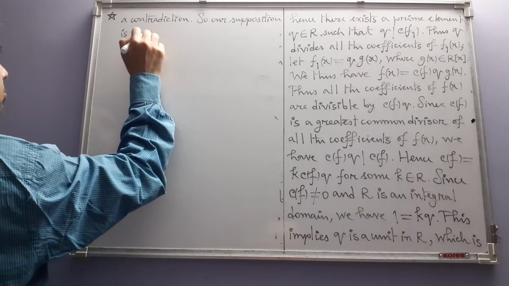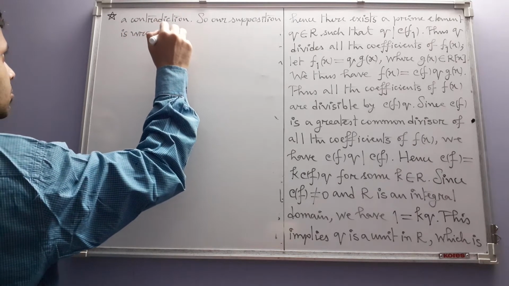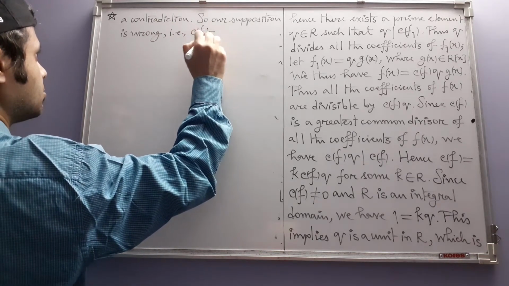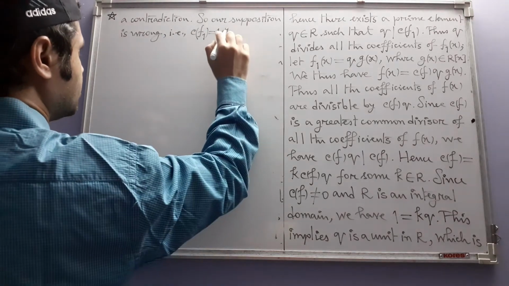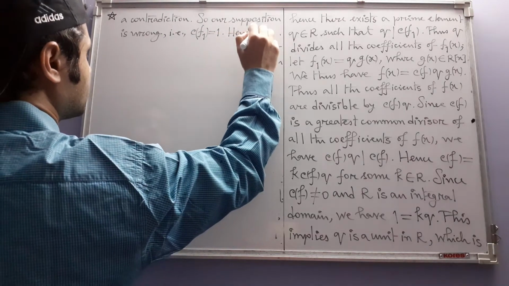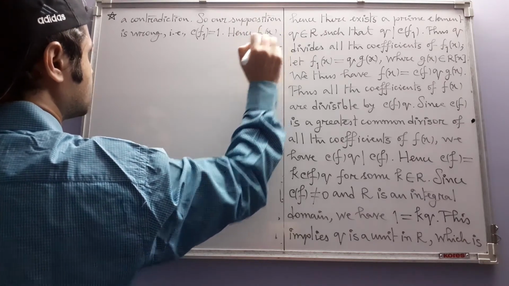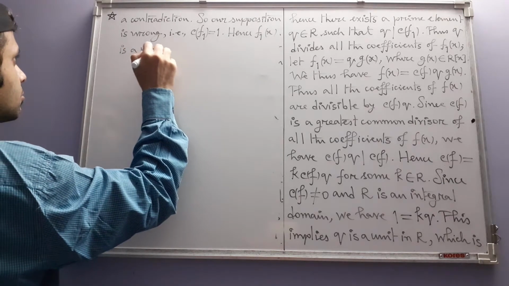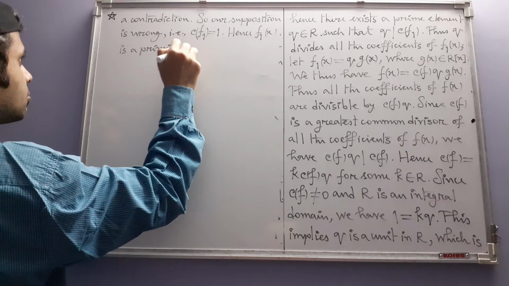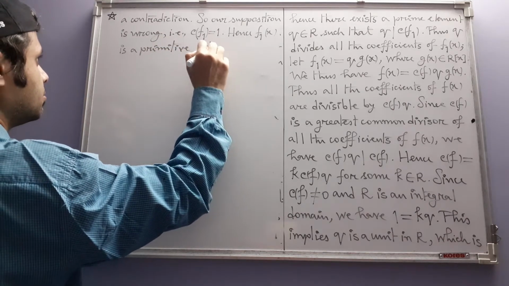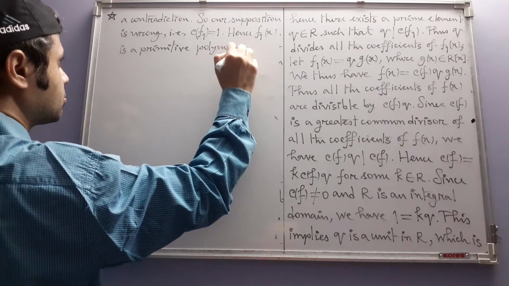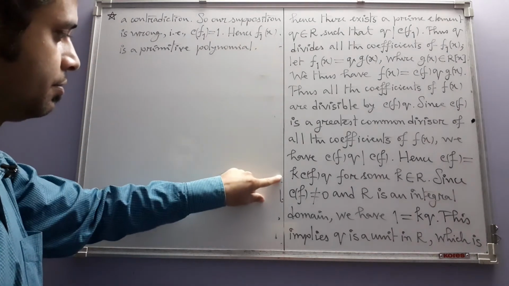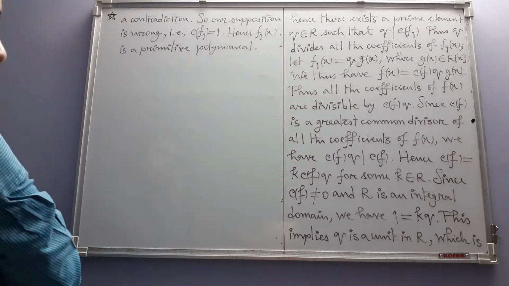That means that CF1 must be equal to 1. Hence f1(x) is a primitive polynomial. We have shown what we wanted to show in part A. Now we move to part B.